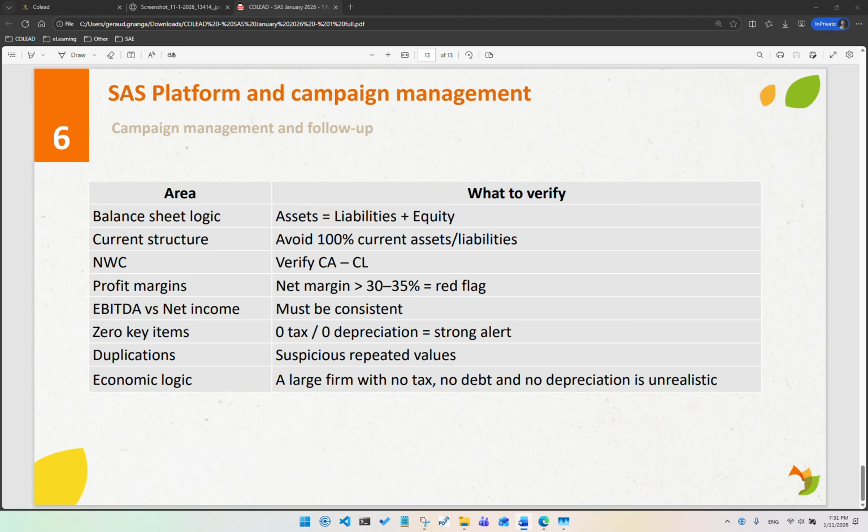In summary, always verify the balance sheet equation, the presence of non-current items, the logic of net working capital, any net margin above 30 to 35%, the consistency between EBITDA and net income, zero values that may appear on key financial items, and any suspicious duplication. A large company with no depreciation, no taxes, and no interest expenses is not economically realistic.